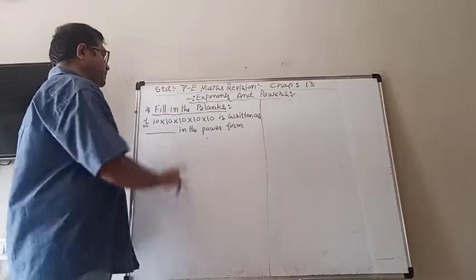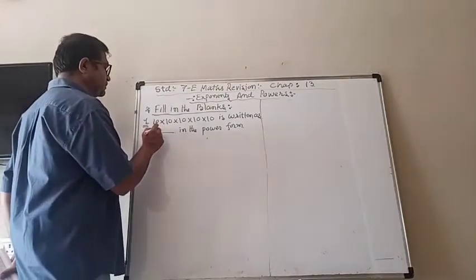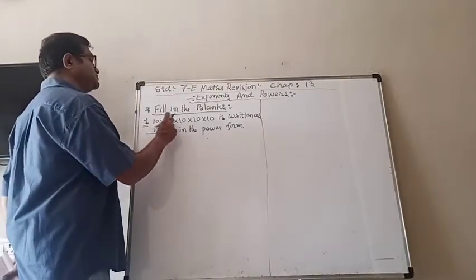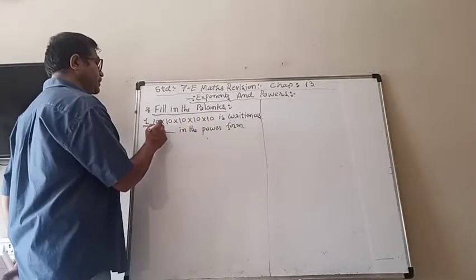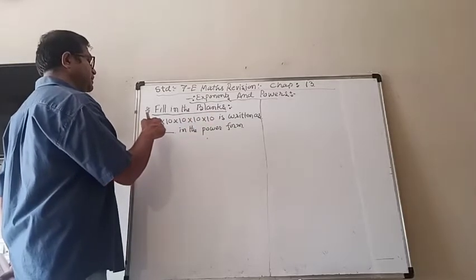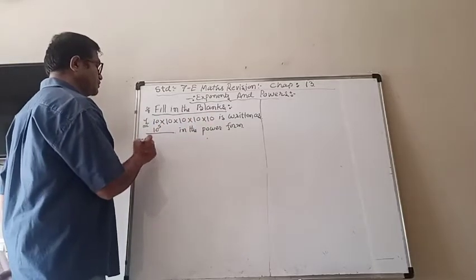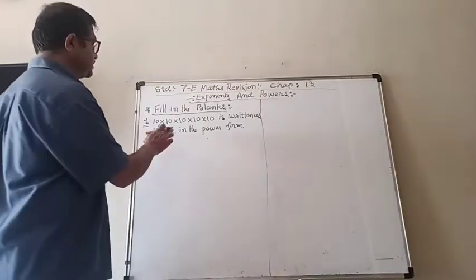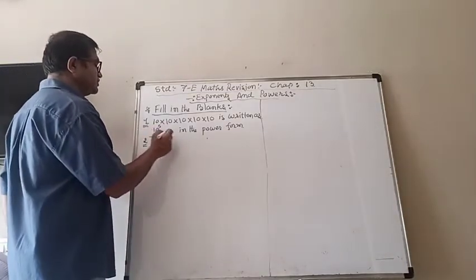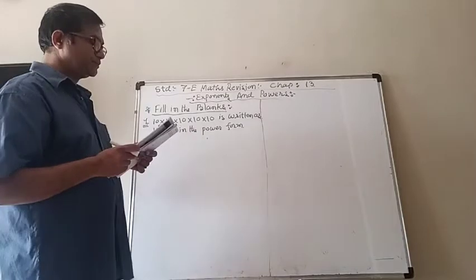So here number 10 is repeated, so base will be 10. How many times is it repeated? 1, 2, 3, 4, 5. So 10 raised to 5, it can be written as. So your answer is 10 raised to 5.